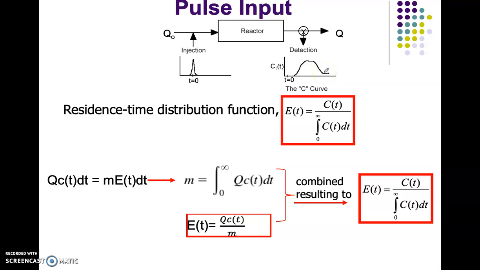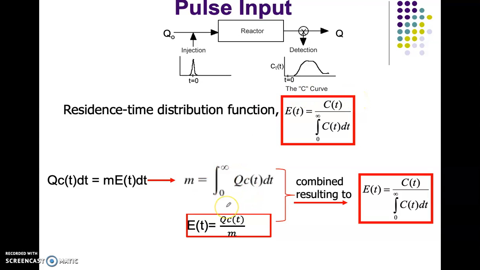So E(t) can be described in this function. E(t) can be described as Q C(t) over M. Earlier we had this as E(t) in the previous video, part 1.